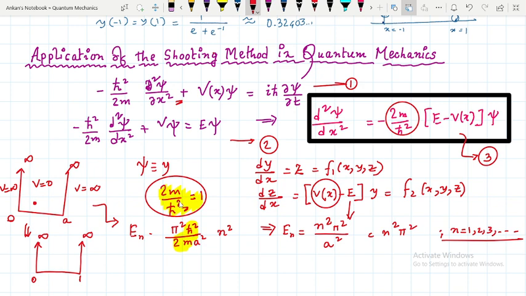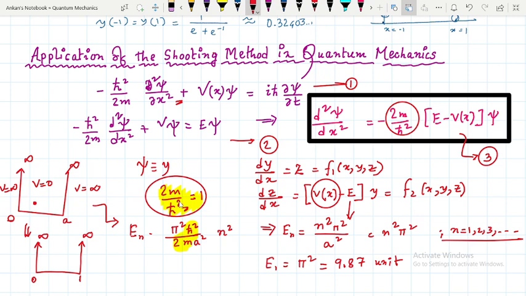You are known to all the things about it. So n starts from 1, and for n equal to 1, the energy obtained is known as the ground state energy, which is nothing but pi square for this model, and it has the simple value 9.87 in arbitrary units, because I have not specified the unit of a, I have not specified the unit of h-bar, so it is some arbitrary unit.